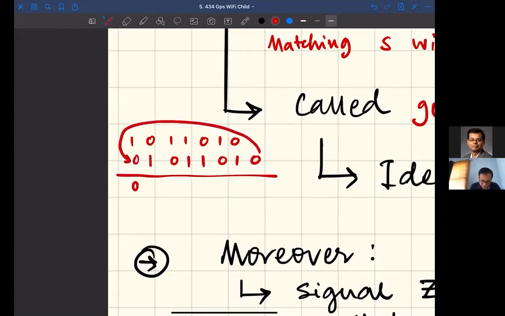So this is 0, 0, 0, 1, 0, 0, 0, which is, if you add them up and you divide by 1, 2, 3, 4, 5, 6, 7, so this is equal to 1 by 7.